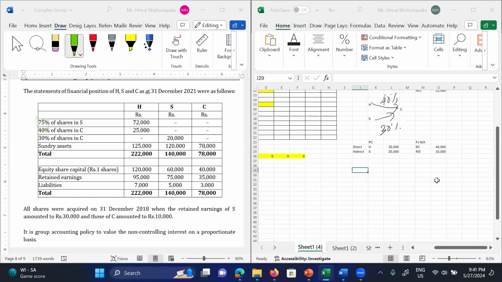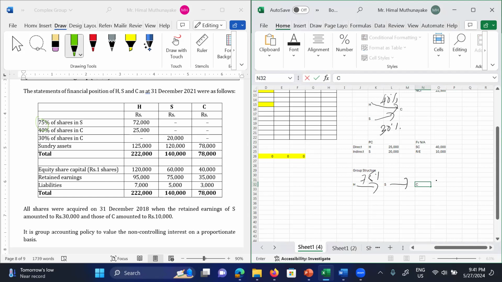When it comes to the group structure, we have H, and we have S, and we have C. H has 75% of S, S has 30% of C, and H has 40% of C. So this is the group structure.